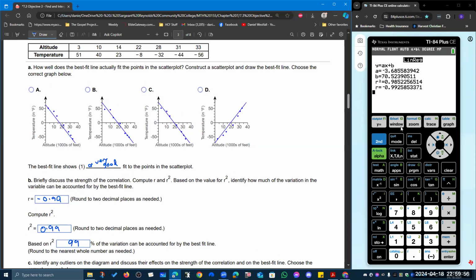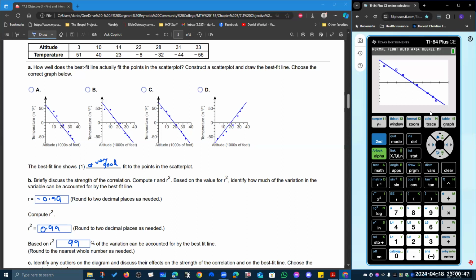Let's go ahead and graph this, starting at 0, going to 40 by increments of 5, then starting at negative 70, going to positive 70 by increments of 10. Let's see here.